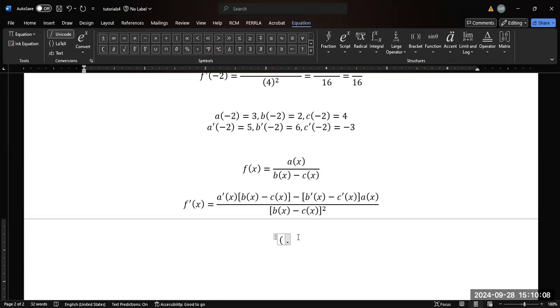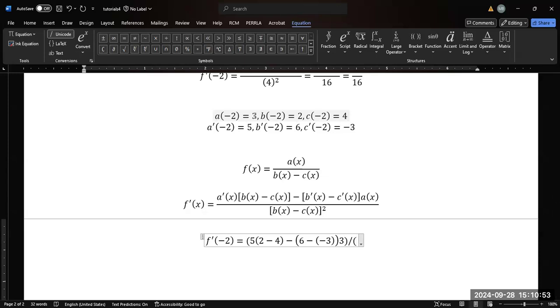And so we've got F prime of -2, A prime of -2, that's going to be our 5, times B at -2 is 2, minus C at -2 is 4, minus B prime at -2 is 6, minus C prime at -2 is -3, times A at -2 is 3.